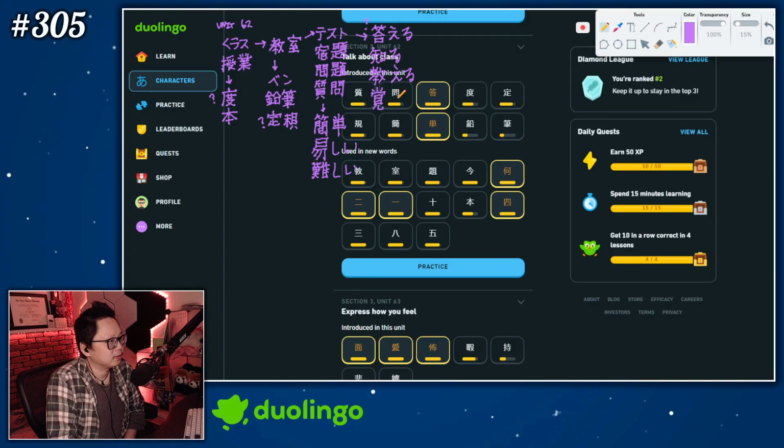So this is one of the examples. Oboeru. Not from Wanikani, from Hanzahiro. So oboeru is to memorize.